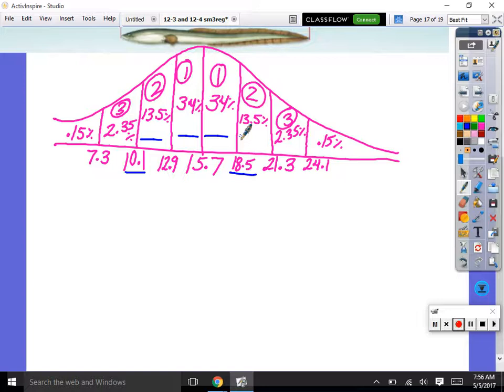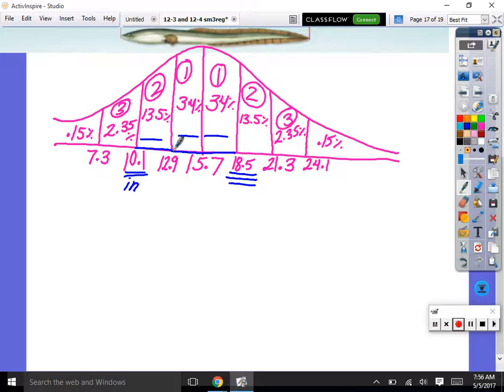Because 34% will fall in this length, 34% will fall within this length, and then 13.5% will fall within this length. So you just add them up. Does that make sense? Okay, awesome.